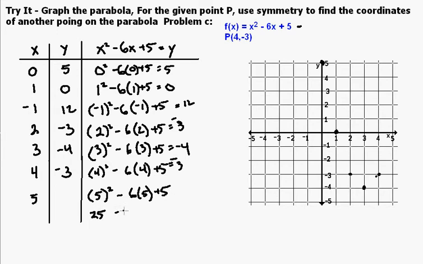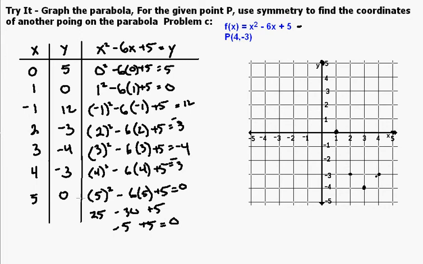This is 25 minus 30 plus 5. 25 minus 30 is negative 5, plus 5. That winds up giving me 0. So we're back to here. So I now have a picture of my parabola.